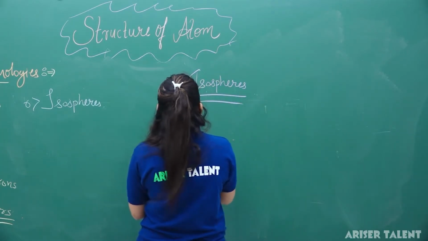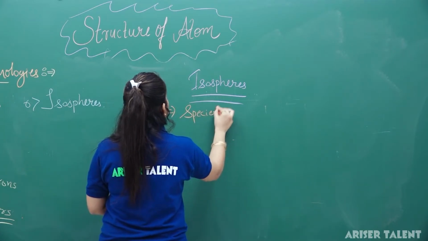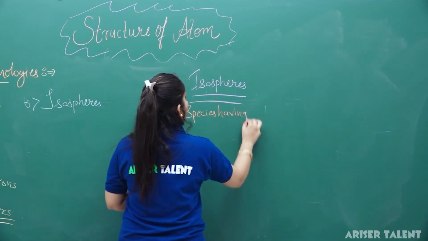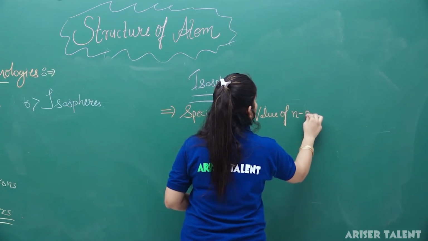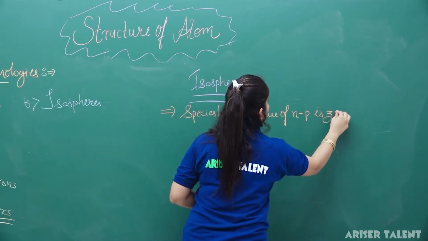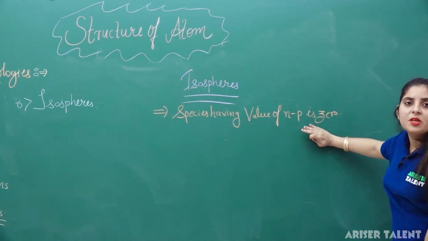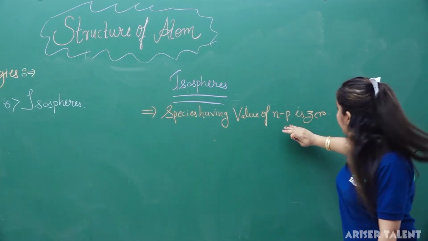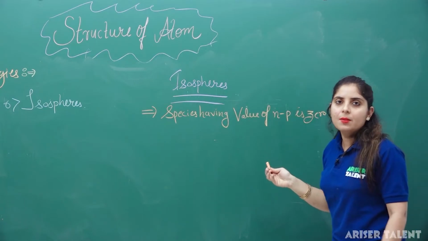So we have a definition for it: species having a value of n minus p equal to 0. It means the number of neutrons and the number of protons are the same in it.